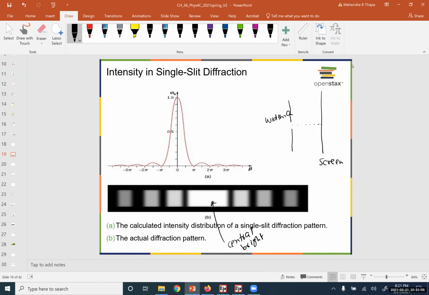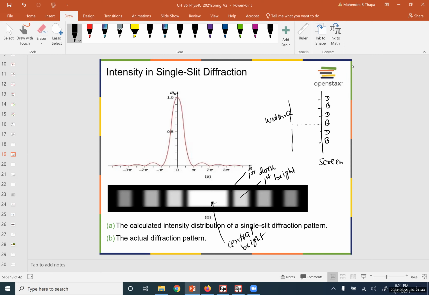This one is the first dark. This one is the first bright. In this way, we can get the alternate bright, dark, bright, dark in this kind of sequence of the fringes. These are the fringes we'll see on the screen.